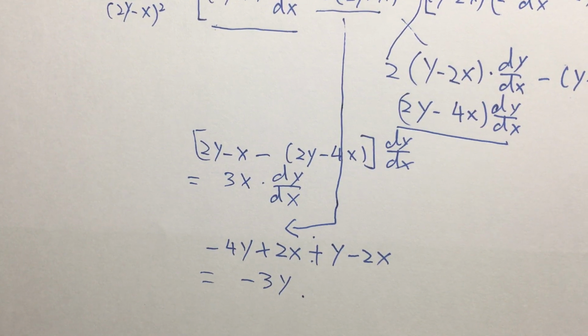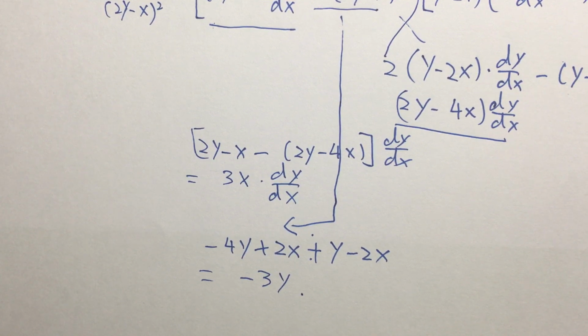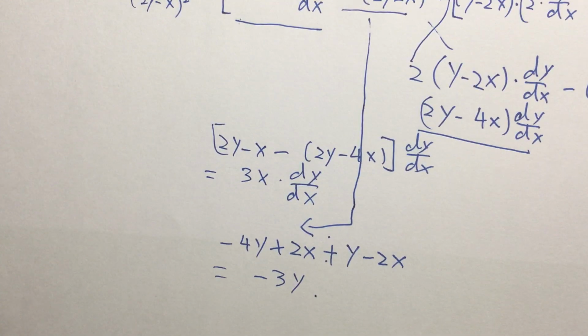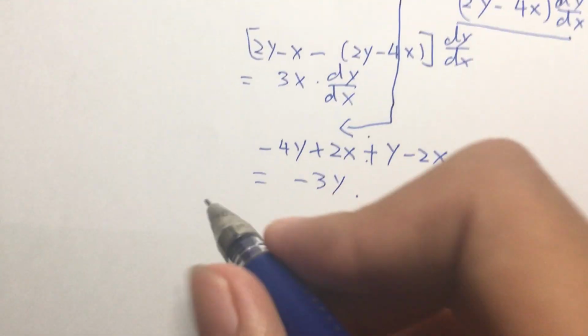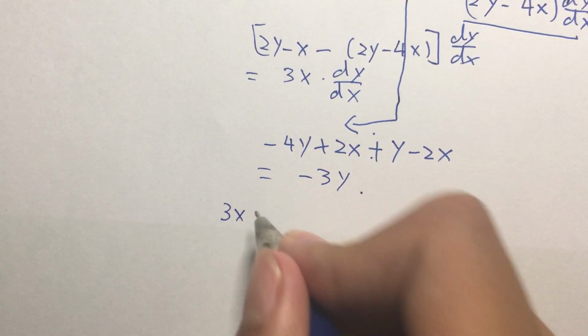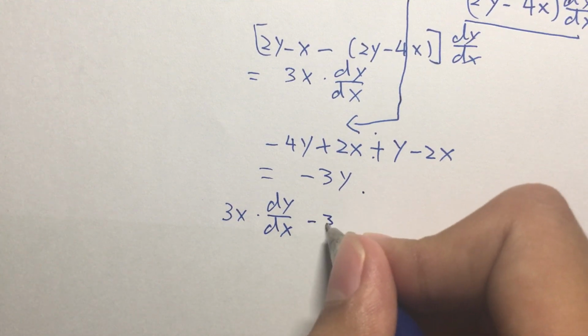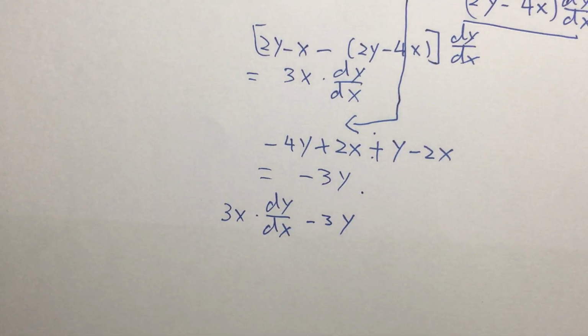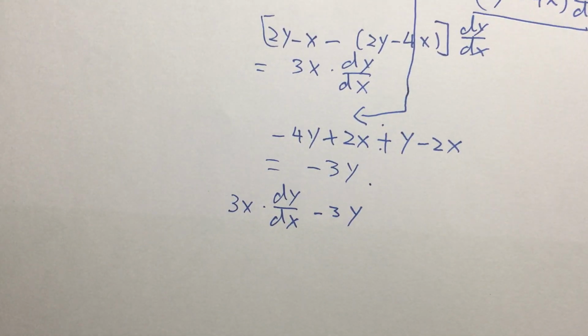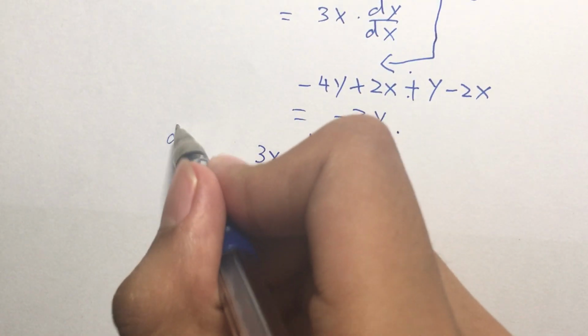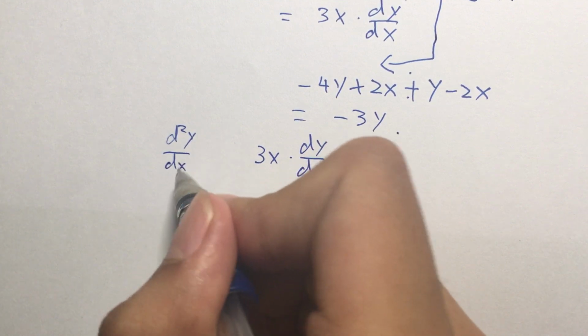And so we have 3x times dy over dx minus 3y, and this is our d squared y over dx squared.